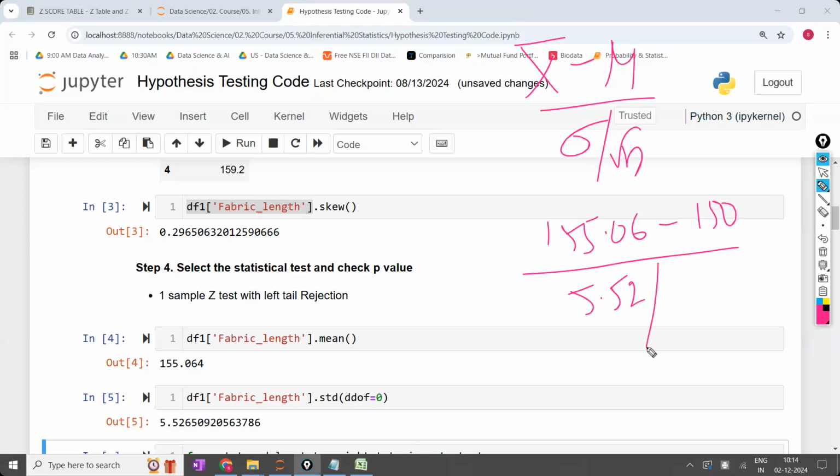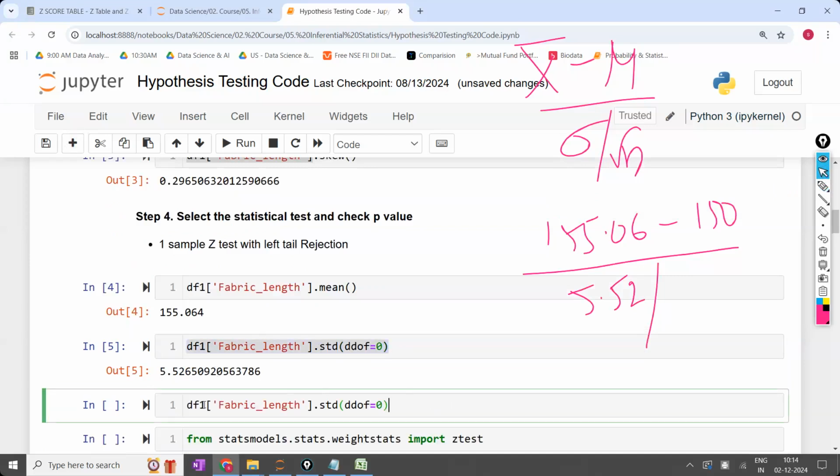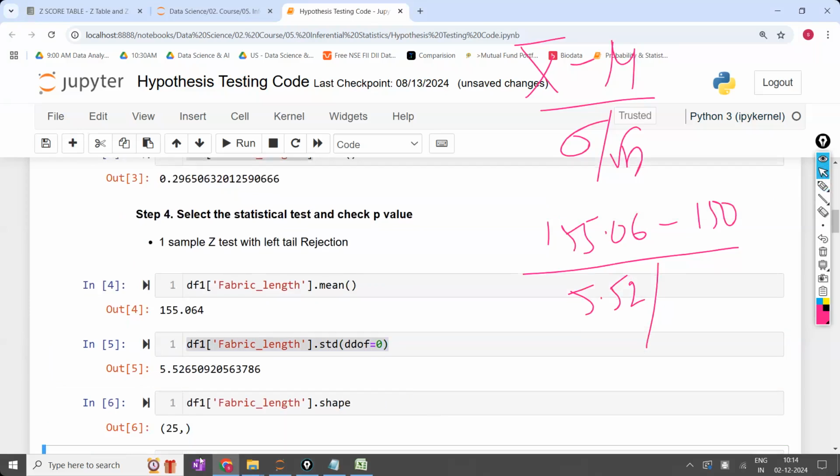Divide by, what is the number of samples? 25. They have given it in the question, but here how do you check? You take dot shape. In the shape you get a tuple, and in the tuple I want the number of rows. How to get the number of rows exclusively? Index number 0, because in the tuple the first value is extracted by using indexing.